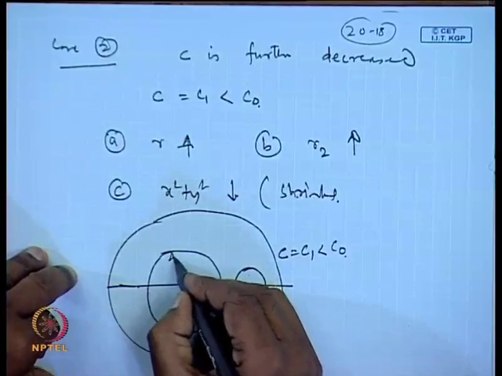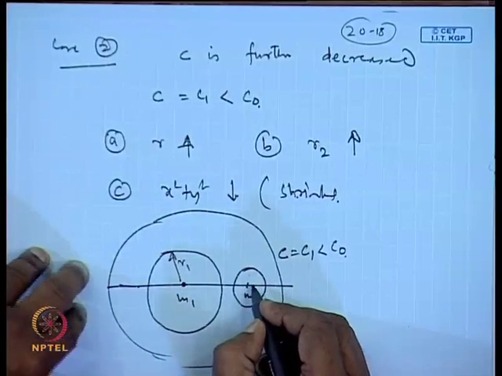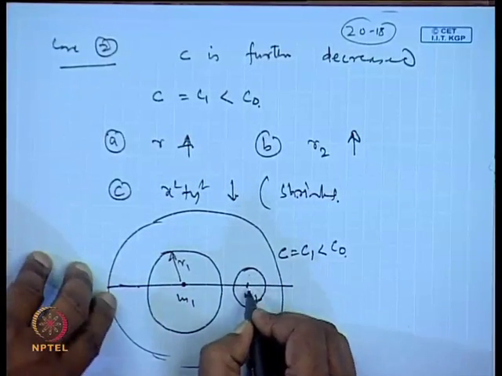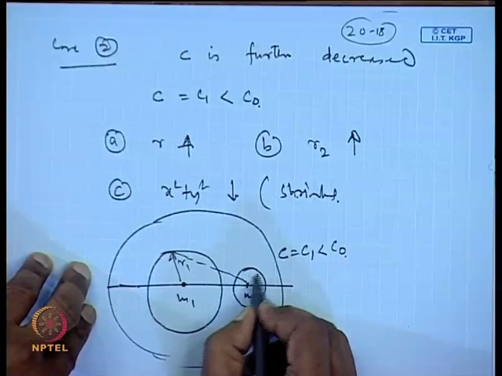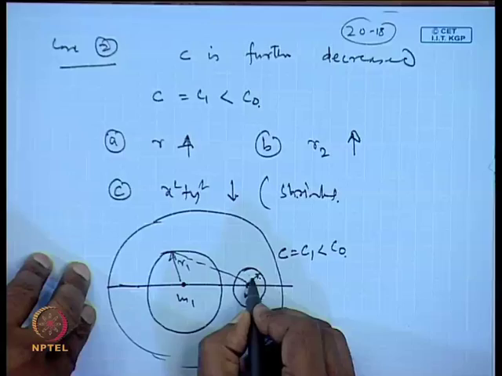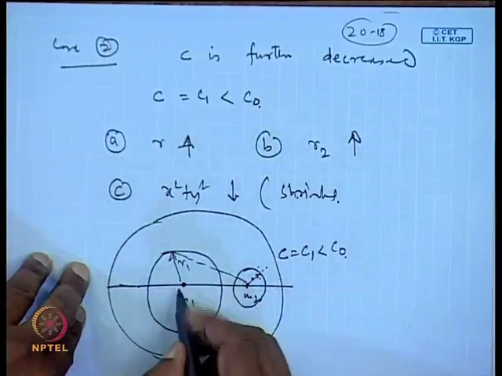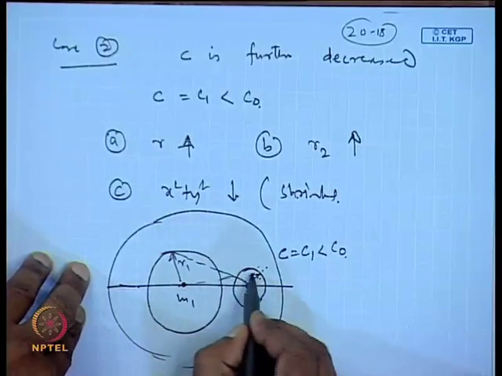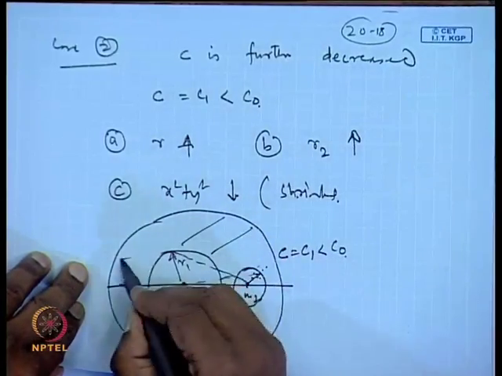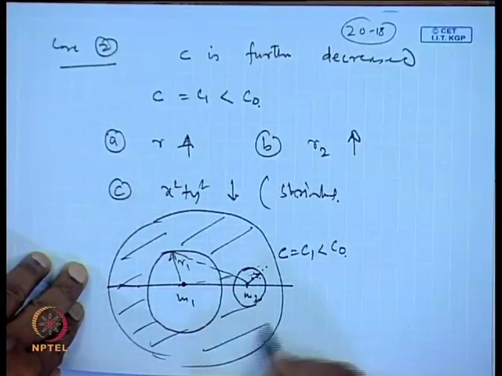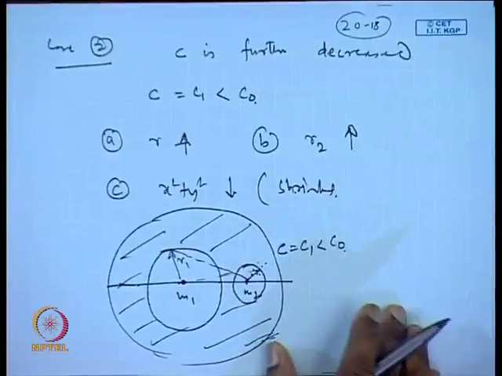And this is your R 1, and from here also you can show this as R 2, or either if the particle is inside this. So, this is the boundary value; R 1 will start from here and R 2 will be this value. So, again this region is the prohibited region.